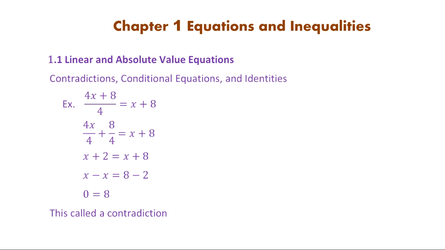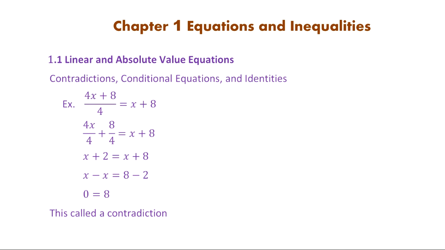Now you can simplify this equation a little bit more by moving terms around and combining like terms. So you subtract the x on both sides and subtract 2 on both sides at the same time. Then you get a 0 on the left, 8 on the right.